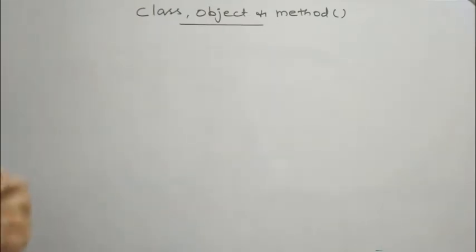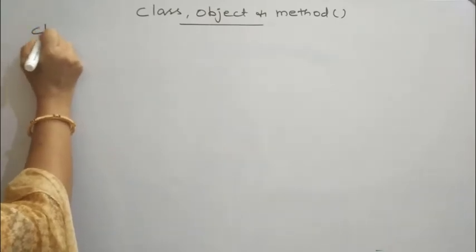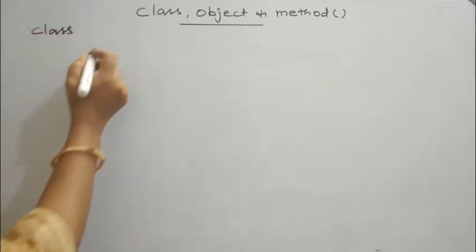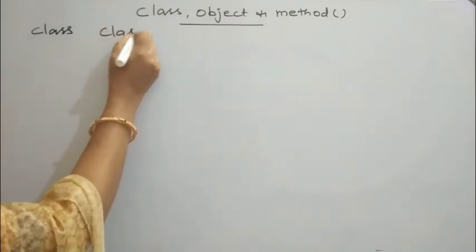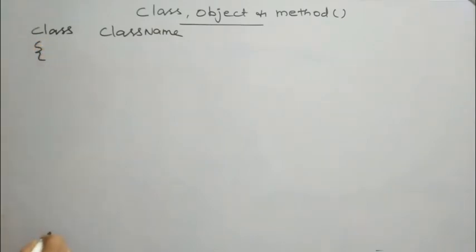So how do we define a class? Class definition starts with the keyword class. Following this keyword, we write the name for the class, your class name. Within the curly braces, we write what the class definition contains.